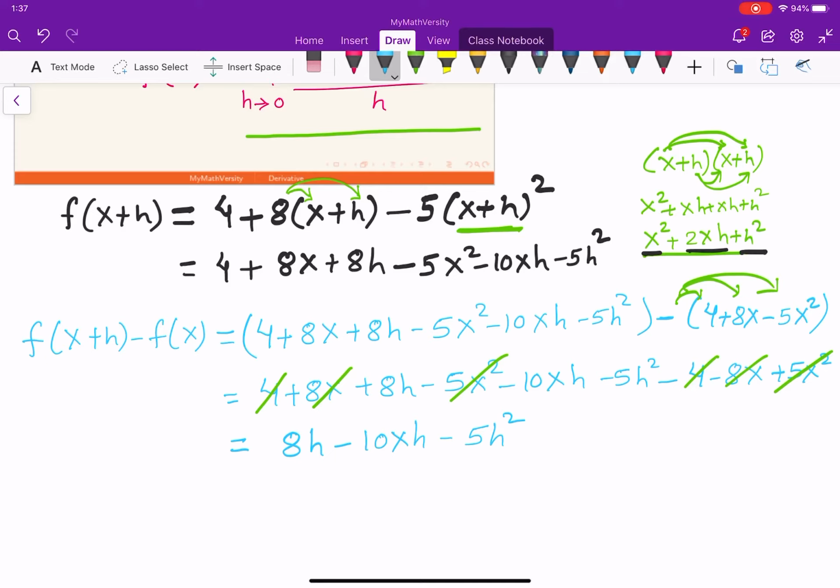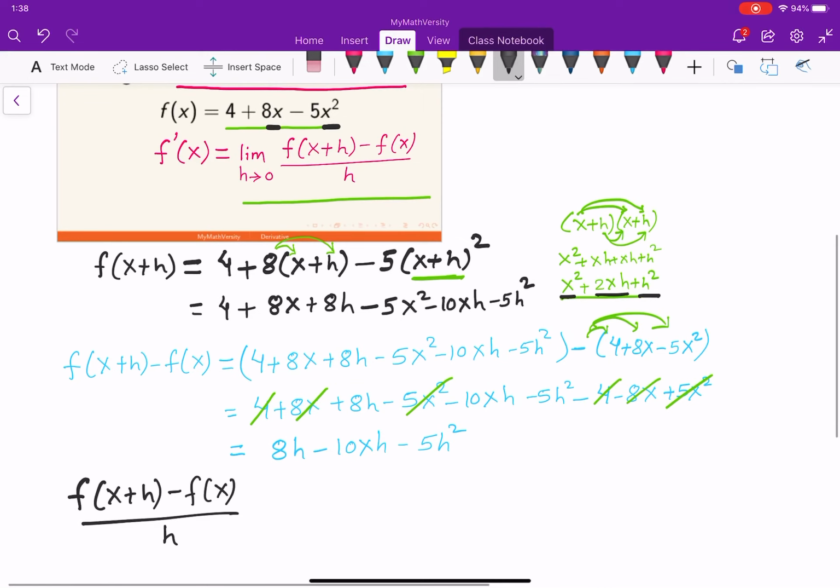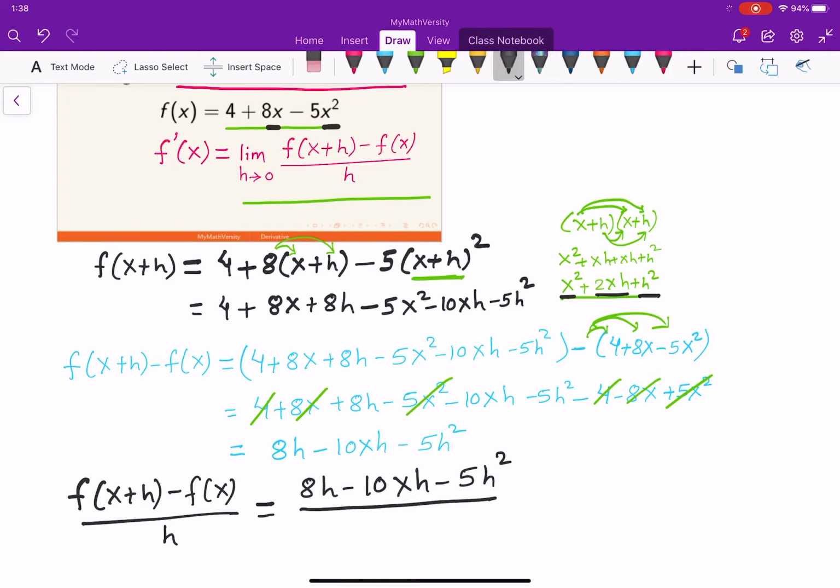So this is the second step of this 4-step process. Now let's do the third one, which is to find the difference quotient itself, which is f of x plus h minus f of x divided by h. So we are just trying to figure out what this difference quotient is. And that is equal to, we already figured out the top part in the previous step, 8h minus 10xh minus 5h squared, and everything underneath that will be h.